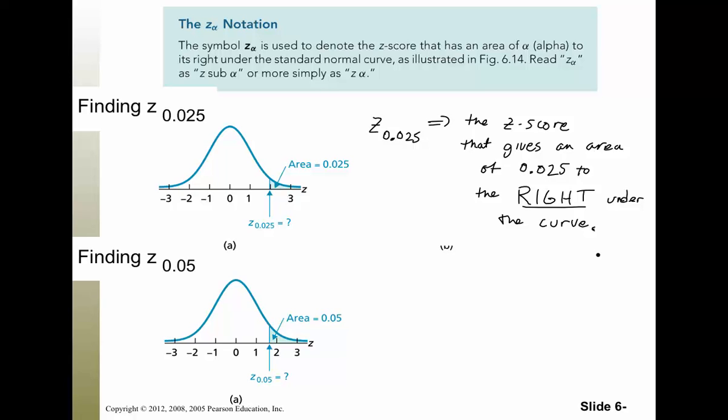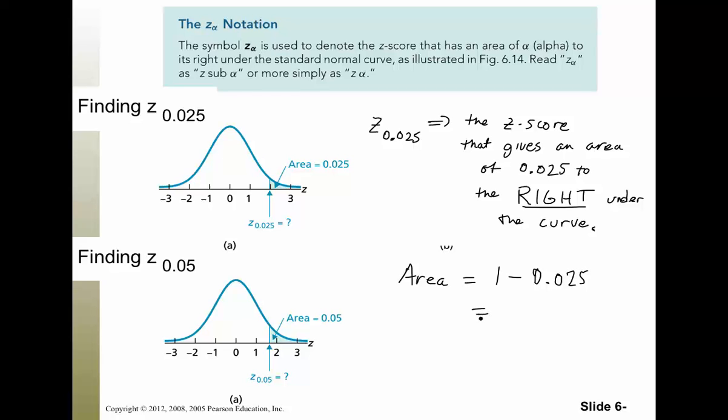So how are we going to use the table to get that z-score? Now we're going to use the table to find a z-score, not find an area. We need to get the area to the left first, because that's what the table has to do with. So you would subtract that from 1. Good.